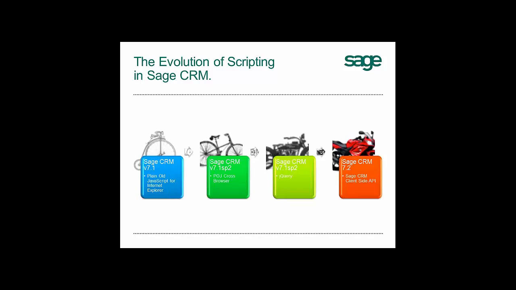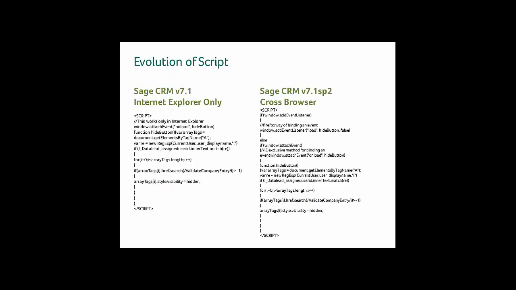The purpose of jQuery is to make selection of objects very easy within the interface, and Sage CRM has a very particular structure of objects, so it's a fine-tuning to make it really easy to identify what's a tab, what's a button, what's a field, what's a column, what's a row inside the structures of the page. And we have got, therefore, from version 7.2, this idea of the client-side API.